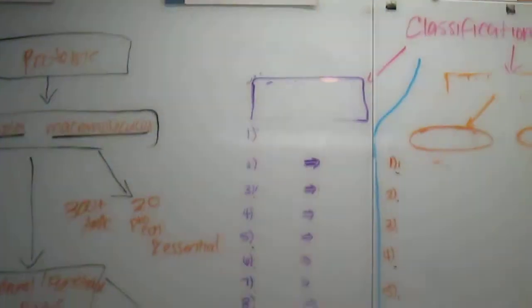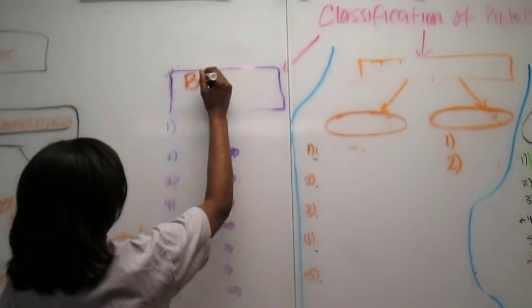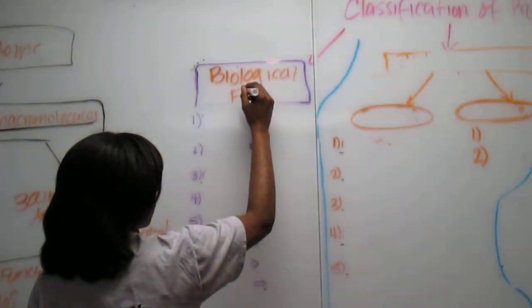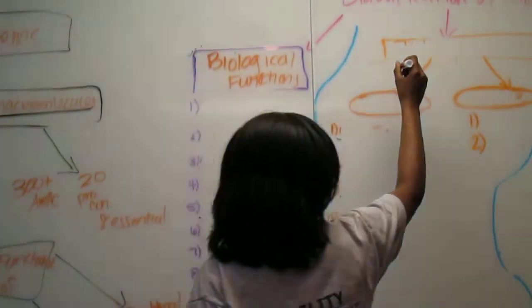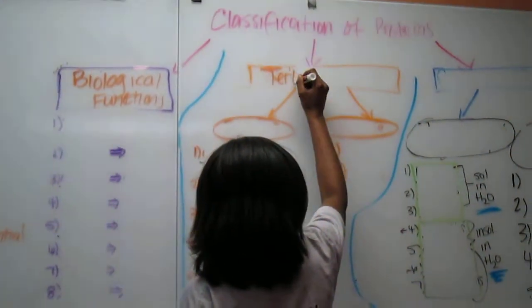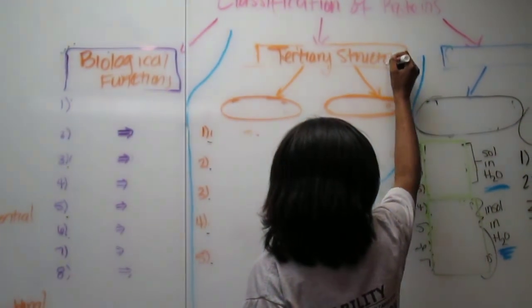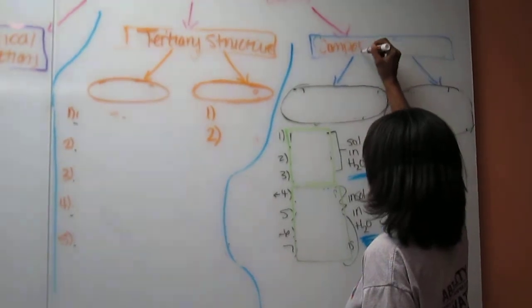Proteins can be classified as biological functions, tertiary structure, and composition and solubility.